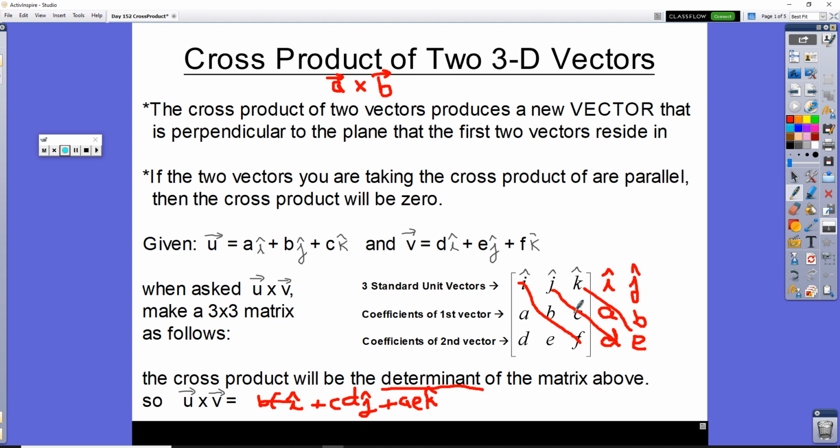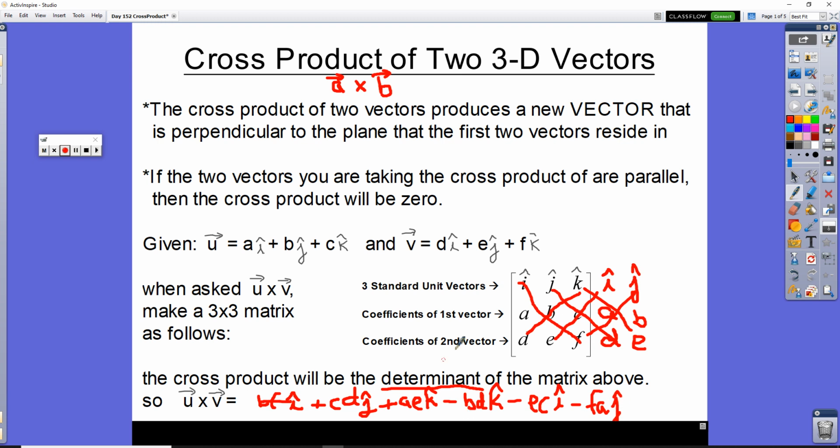Now those are the 3 diagonals that are going the right way, so whatever their products are, we're just adding them up. Now we've got 3 diagonals coming back the opposite direction, and those get subtracted. So it's minus b times d in the k direction, minus e times c in the i direction, and last but not least, minus f times a in the j direction.